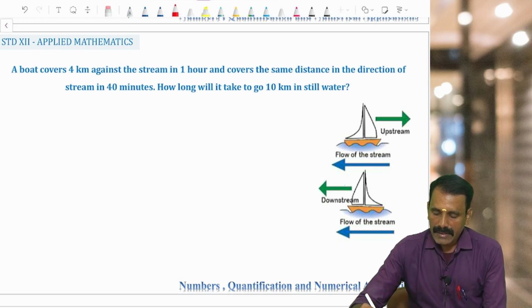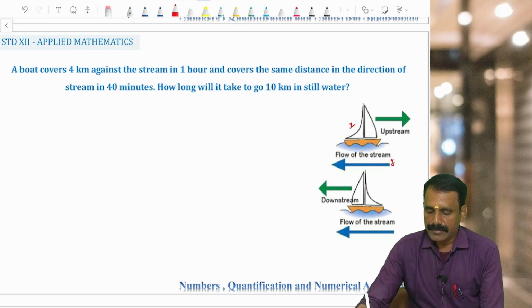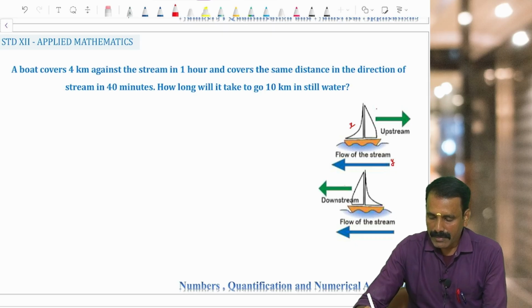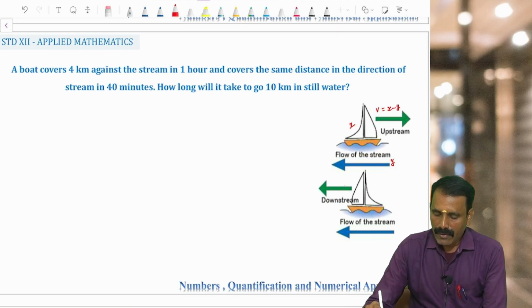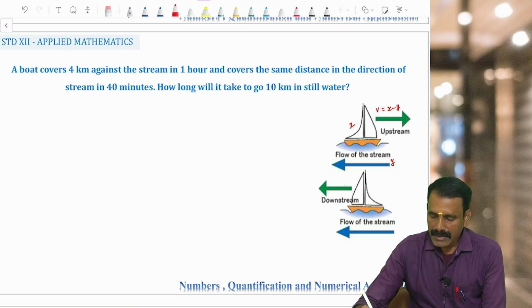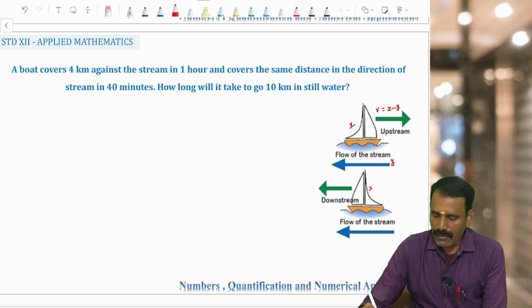So we take the speed of the boat in still water as x, flow of the stream as y. For the upstream, v will be equal to x minus y. For the downstream, speed of the boat is x, speed of the stream is y. Because it is downstream, the speed is going to be increased.